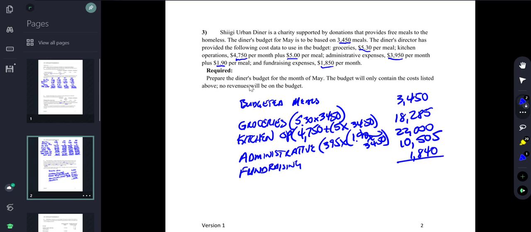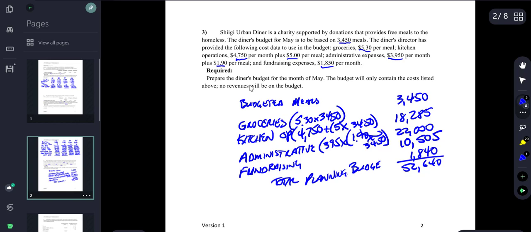When we add all that up, we get a total planning budget of 52,640. So total planning budget. And this is just expenses. But anyway, that's the number they're looking for here.